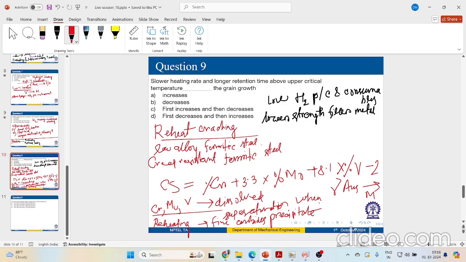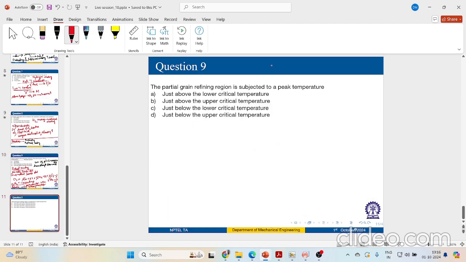Now, what can be the remedies for reheat cracking? Multi-pass welding has been reported to reduce reheat cracking in creep resistant ferritic steels, right?